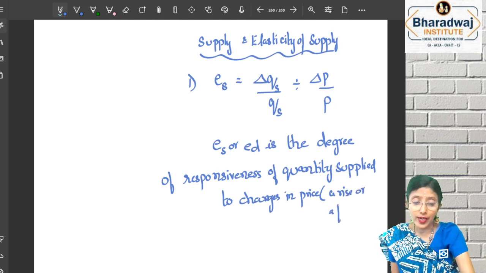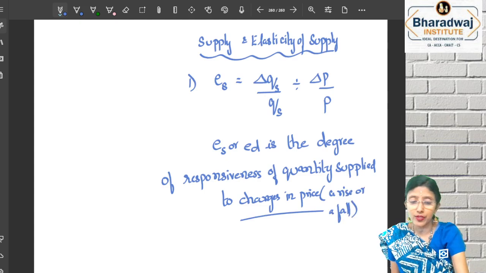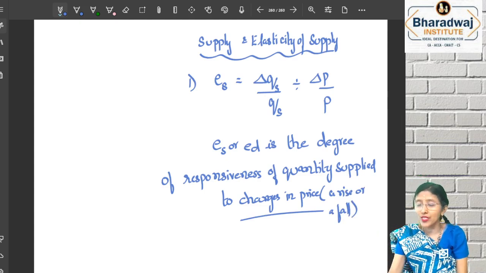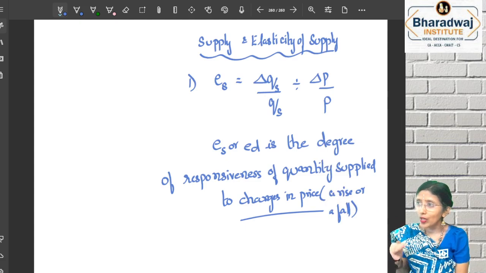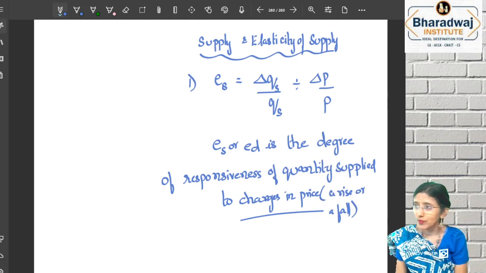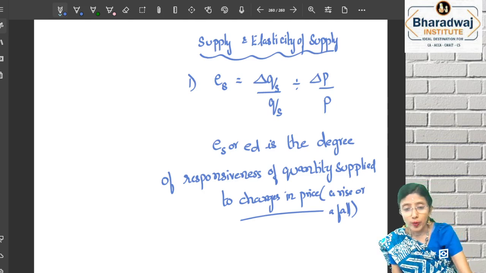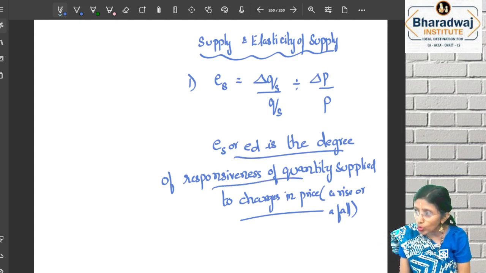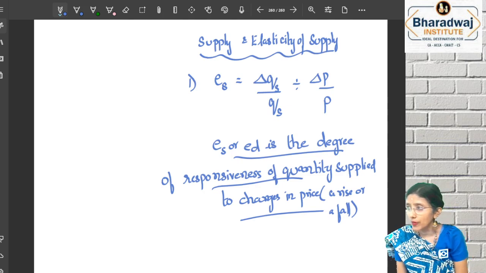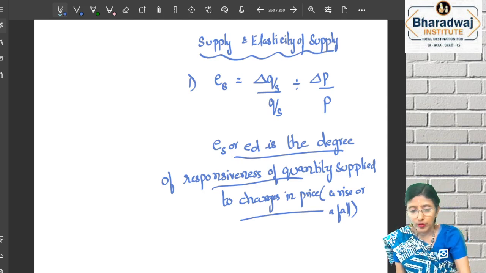In 1 year, they had asked a question. Suddenly, they have trapped the student here. What does the phrase changes in price mean? Does it connote increase in price, fall in price, both? According to the commodity, the answer is both. Are you clear now? Okay. Now, please remember, this is the perfect definition which you have to choose among the varied statements given on elasticity principle.